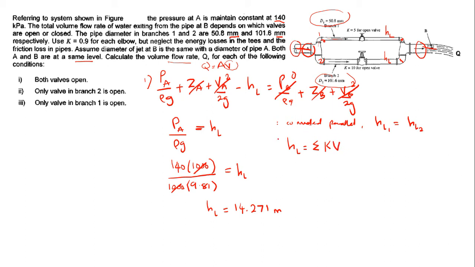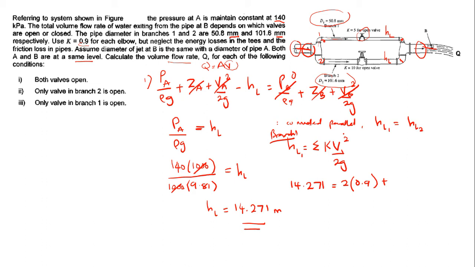So let's do branch 1 first. For HL1, it is the summation of K times V1 squared over 2g. The value for HL1 is 14.271, so we can find the V. So 14.271 equals the summation of K. We have two elbows, so 2 times 0.9, since they give 0.9 for each elbow, plus the K for the valve.